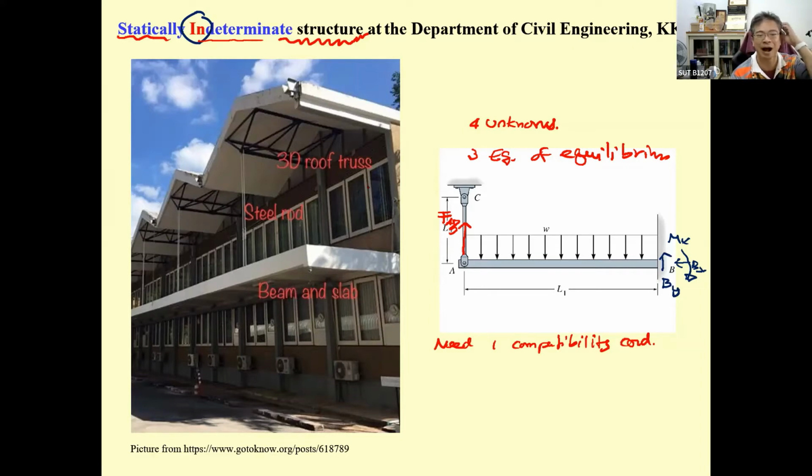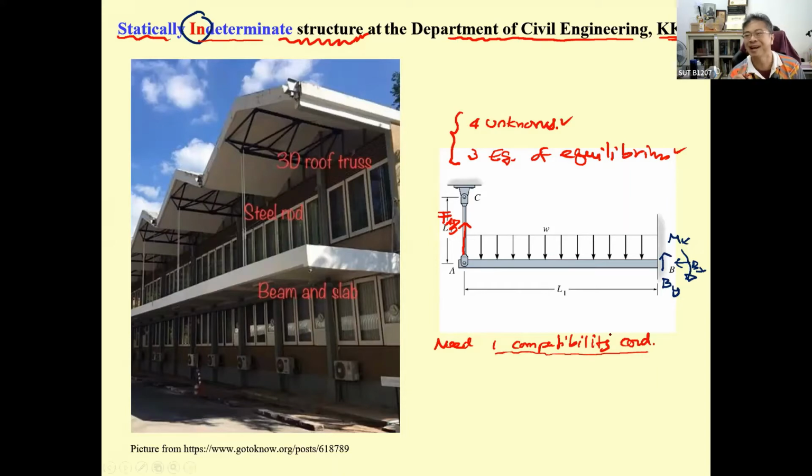You can find this kind of structure at the Department of Civil Engineering, Khon Kaen University. It's my school. Later we will talk about this, but I let you know this structure has more unknowns than equations of equilibrium, and then you have to find the compatibility condition.